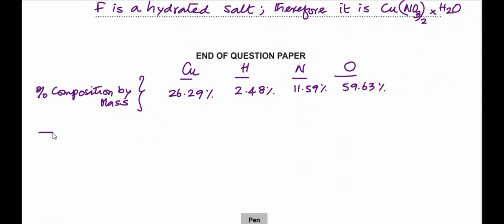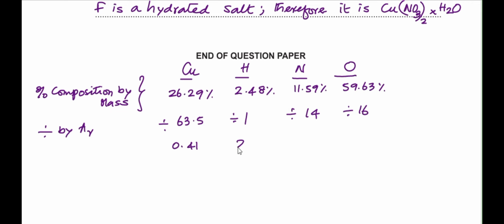Dividing these by the respective atomic mass, that is dividing by 63.5, by 1, dividing by 14, dividing by 16, we get from the calculator 0.41, 2.48, 0.82 and 3.72.